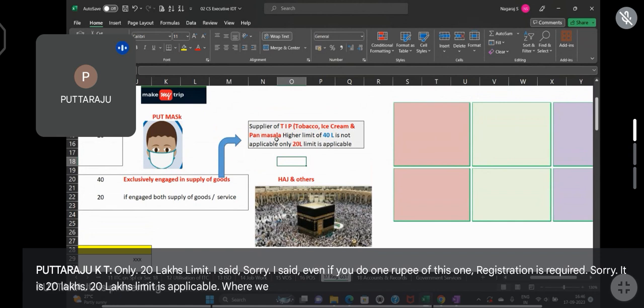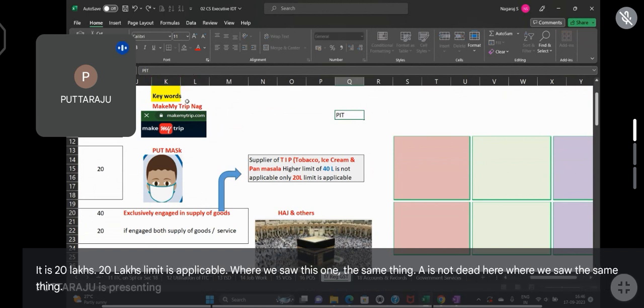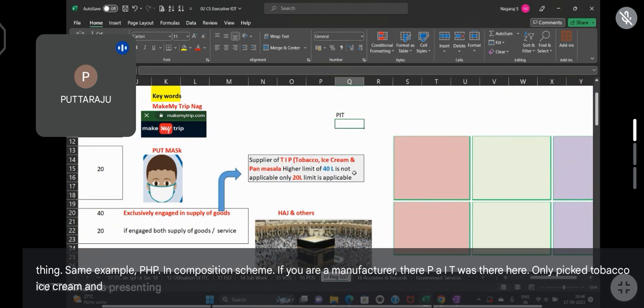We saw the same thing, same example, in the composition scheme. If you are a manufacturer, there PAIT was there; here only PIT: tobacco, ice cream and pan masala.